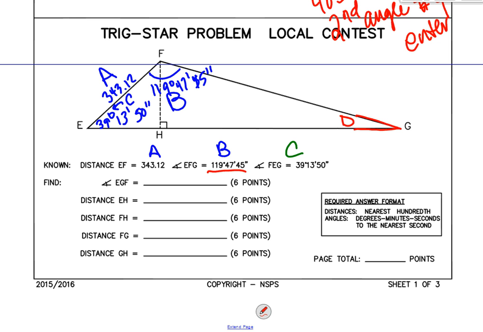And so how are we going to find D? Just 180 minus, and I would do it this way, 180 minus B minus C, right? And then equals, enter, and then store as D. Actually, I forgot that we have to go to degrees, minutes, and seconds.